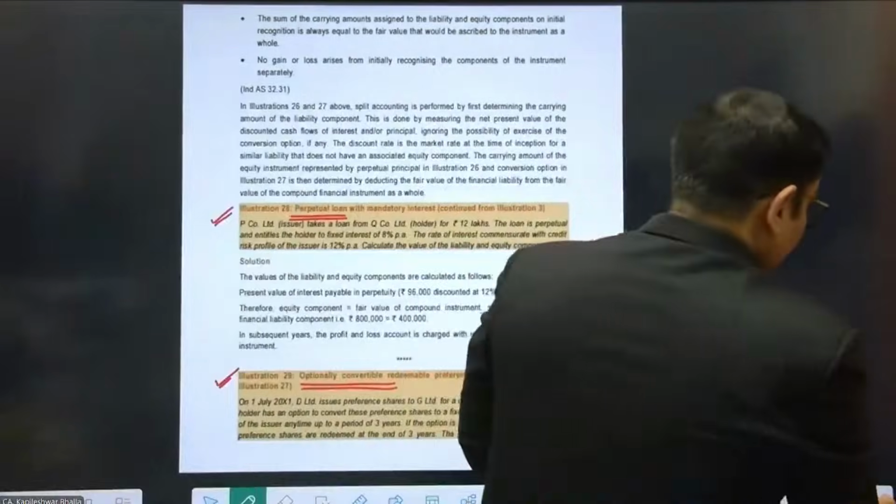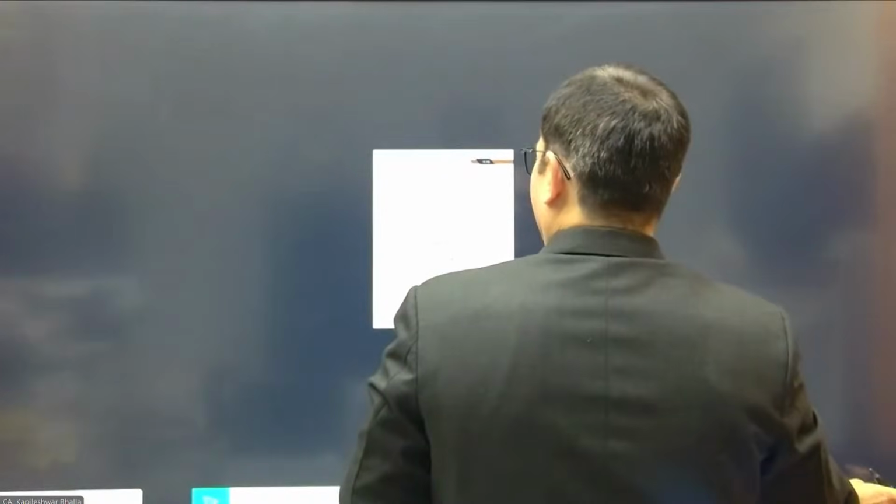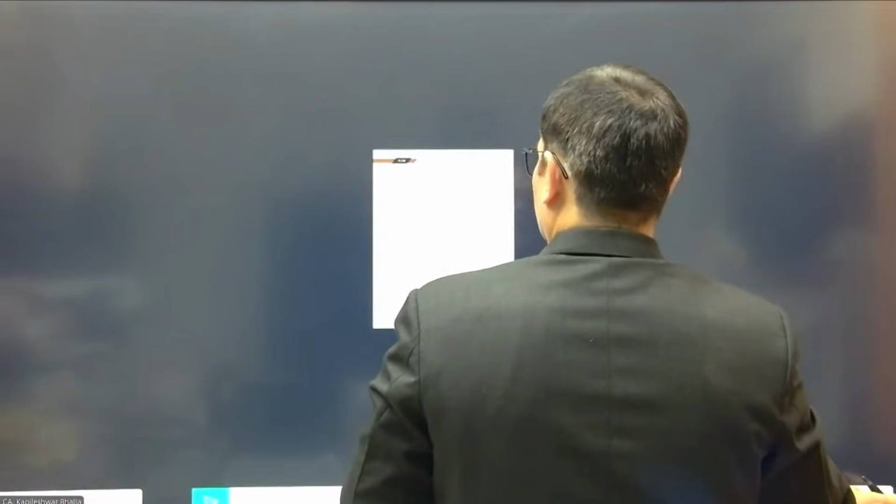And then I added a few questions on my side. I added the concept of partially convertible and compulsorily convertible. I added those questions. I added the TCs, etc. Now, there are other illustrations, 30 and 31, in this unit, which can be managed.